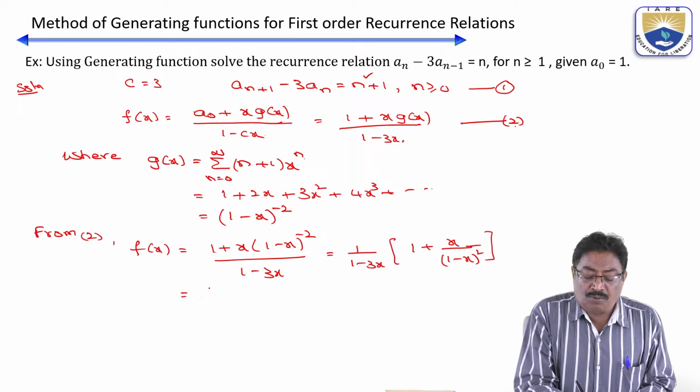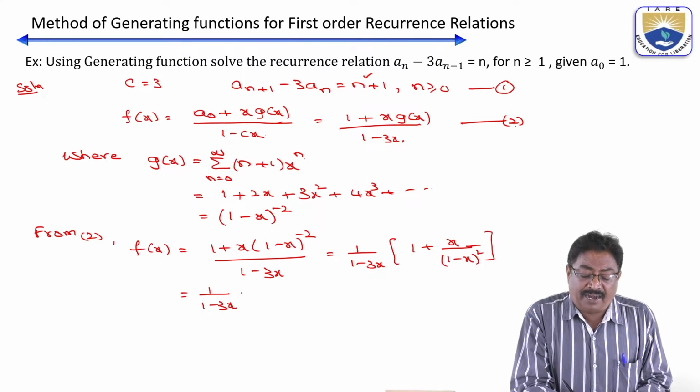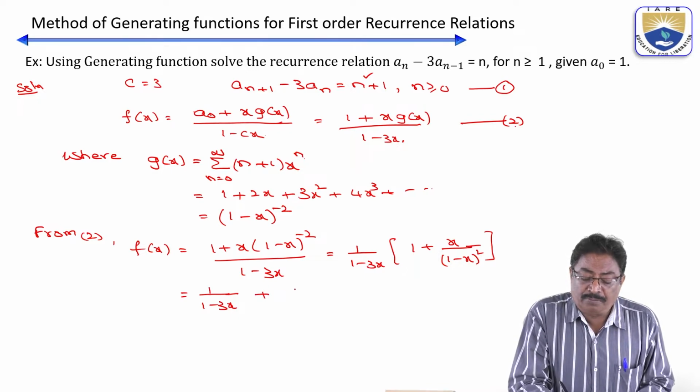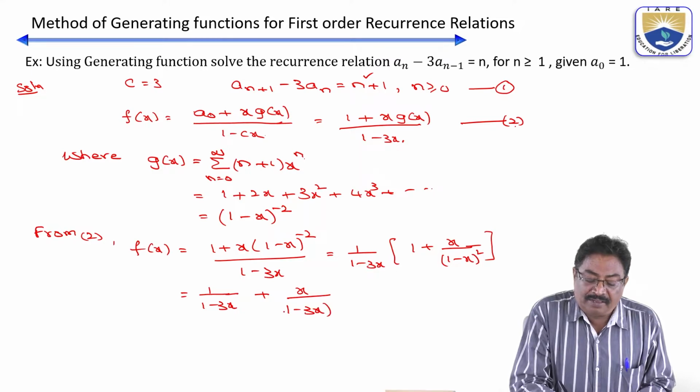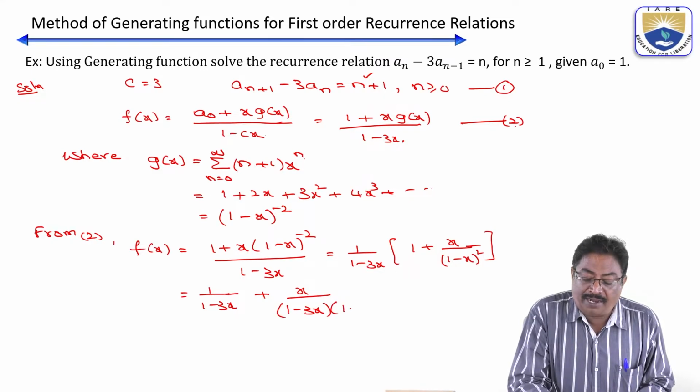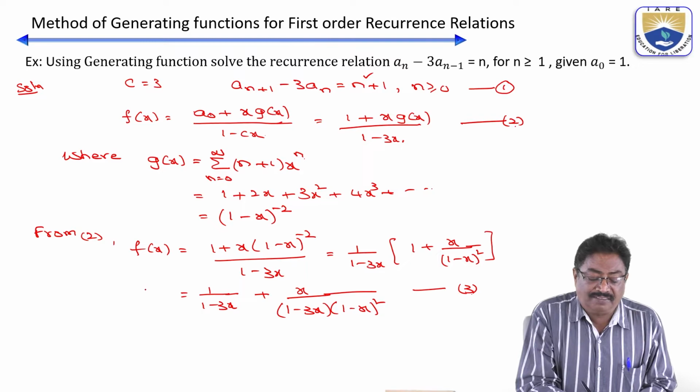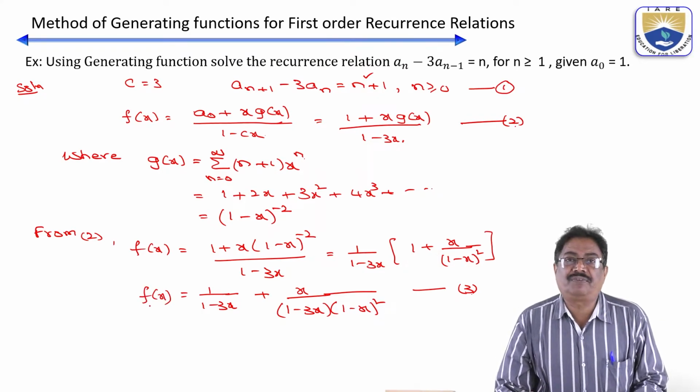So this is 1 by 1 minus 3x, and now straight away I'm going to multiply, so x into 1 minus 3x into 1 minus x whole square. Call this as equation 3. So this is the generating function.